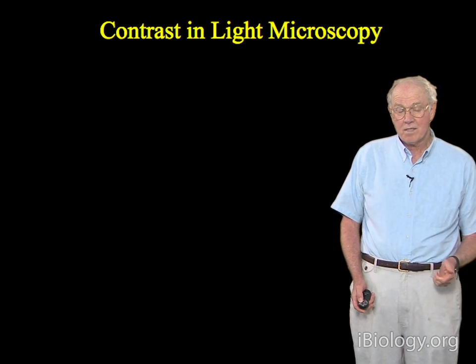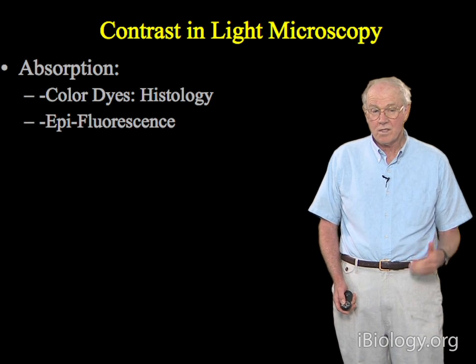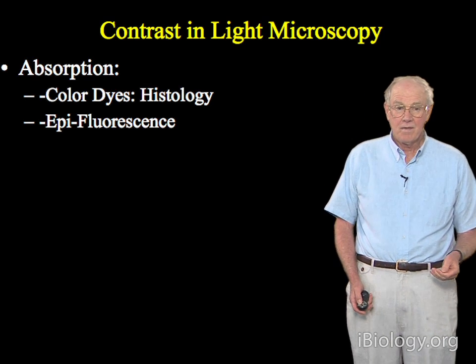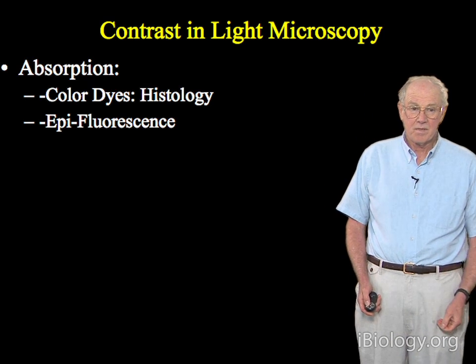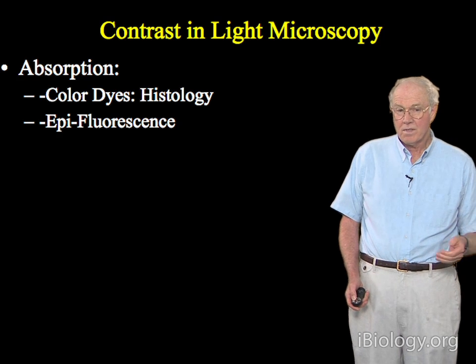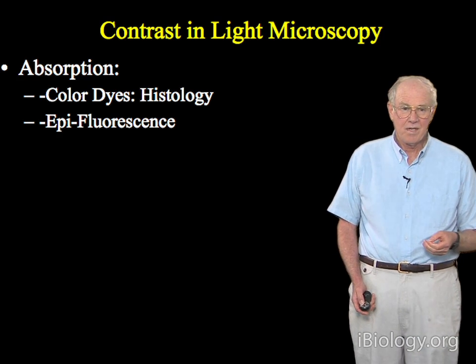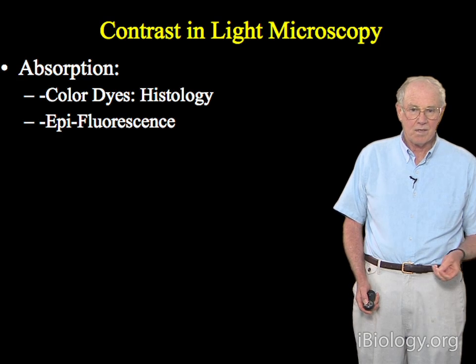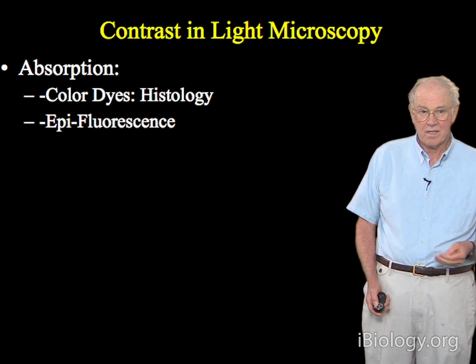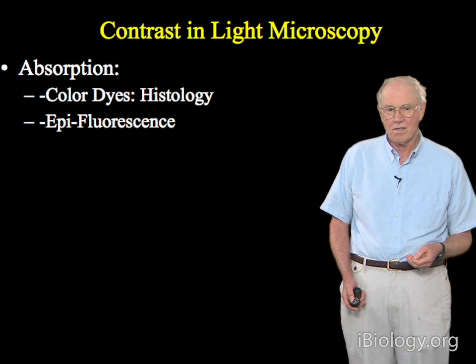Contrast in light microscopy falls into two categories. One is absorption-based mechanisms, and for over 100, 150 years, color dyes were used to give contrast to specimen structural detail. This is often called histology.